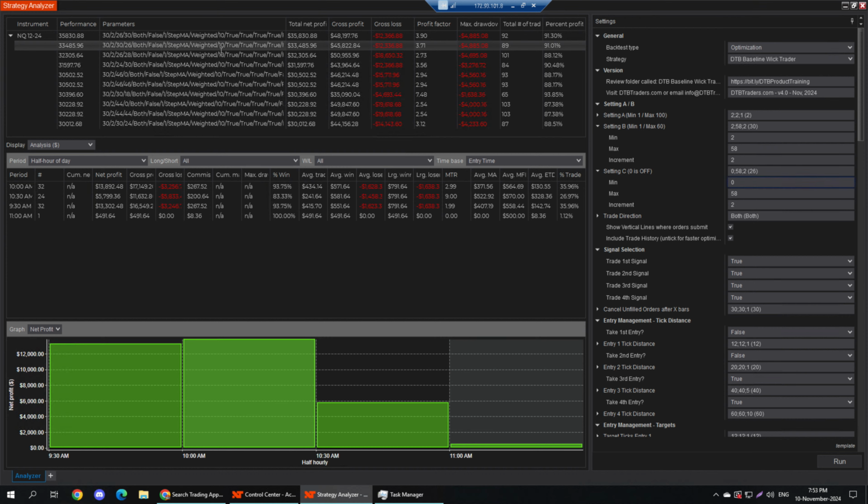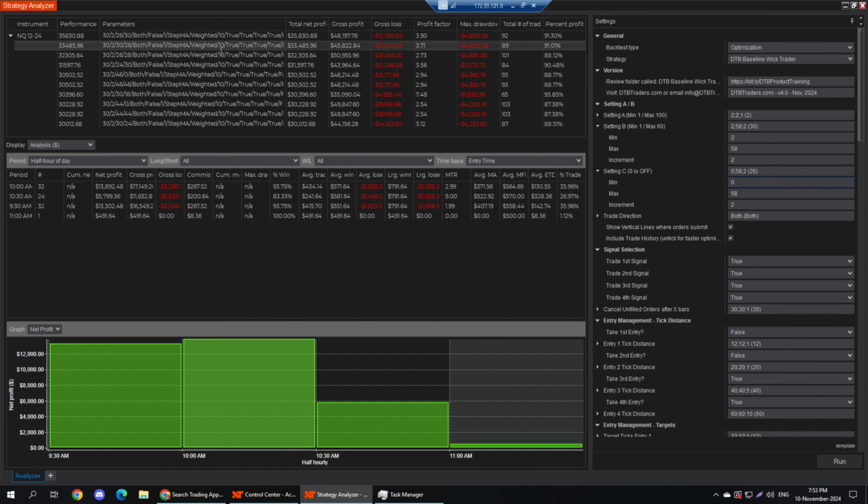So it's good to be able to understand how the strategy analyzer works, because you can filter through settings like this. And then what we'll do is we will go to this one, which does look pretty good. It hasn't got as many trades, but it's got a really good result.